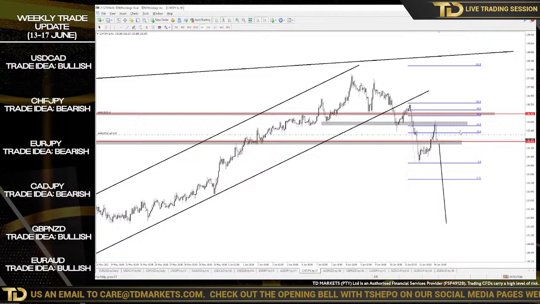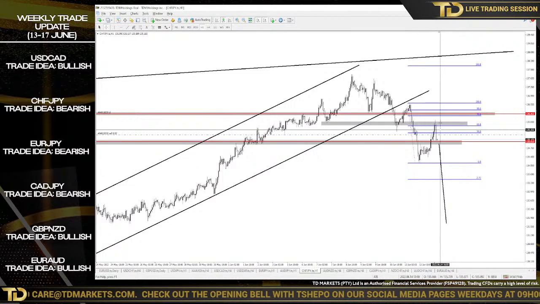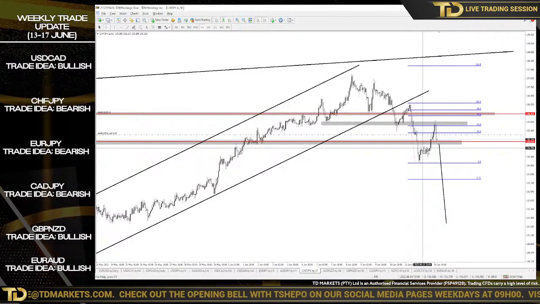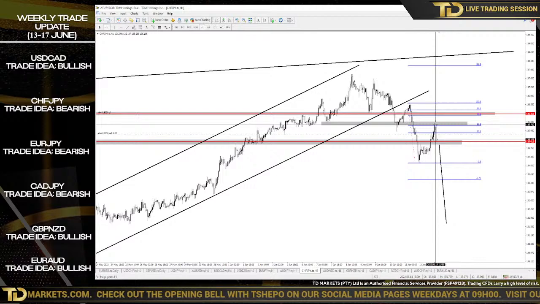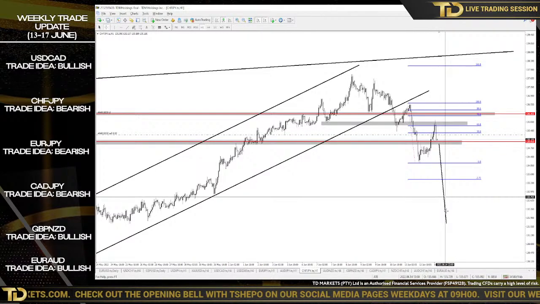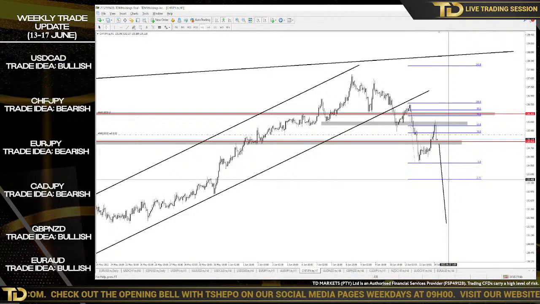Stop loss is just above 78.6. We've got a nice rejection right there, and this rejection simply tells us that this retracement is about to complete and we expect price to drop. So the trade is active, stop losses are above 78.6, and we're expecting the market to push to the downside.